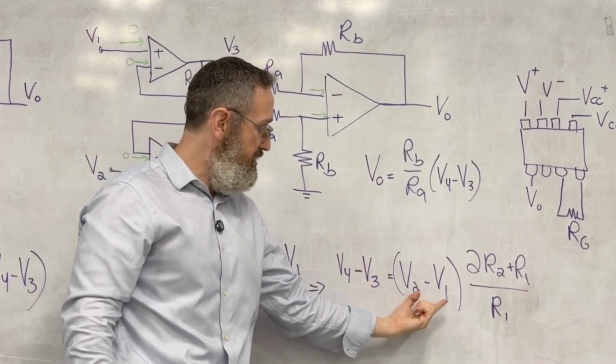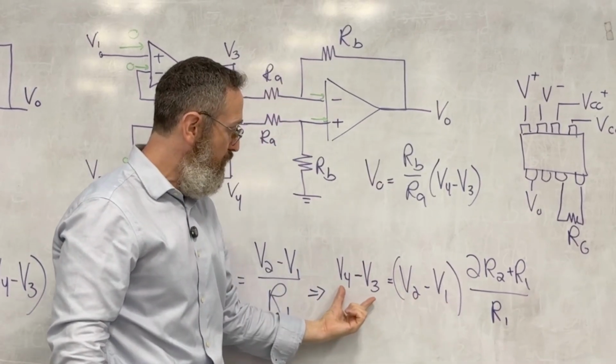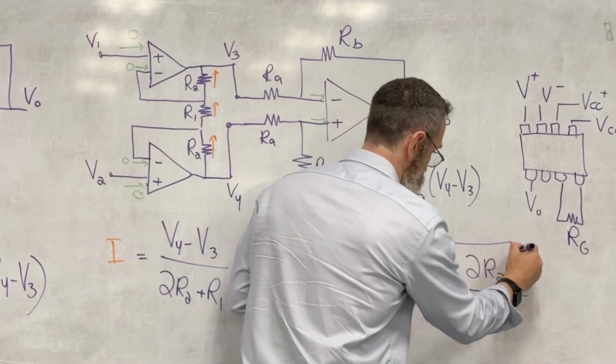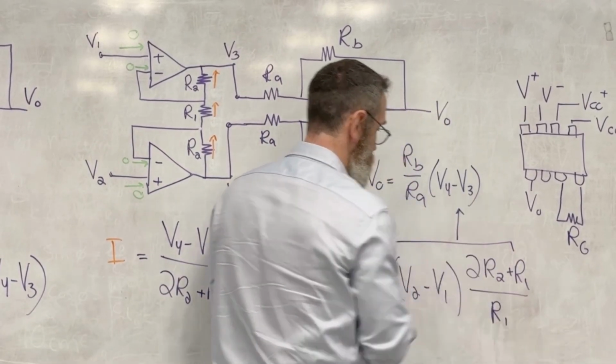Okay. And finally, and this is the last step, I'm going to combine this and this, right? Because I know that V2 and I know that V4 and V3 are this, right? I mean, this term here is in here.